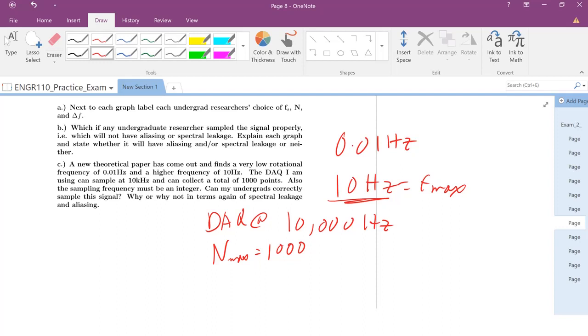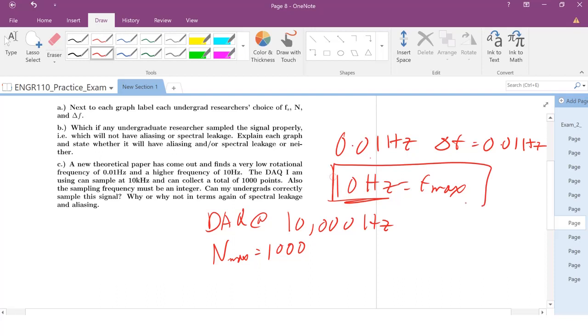So we're trying to measure these two frequencies here. So delta F has to equal 0.01 hertz. And because we want to hit this signal and this signal here, our F max. Additionally, we need to choose a sampling frequency, Fs, that is at least greater than 20 hertz, twice our F max.